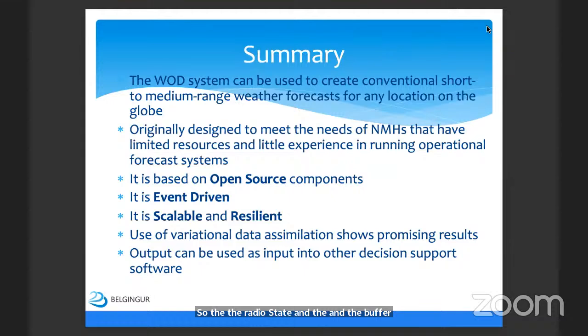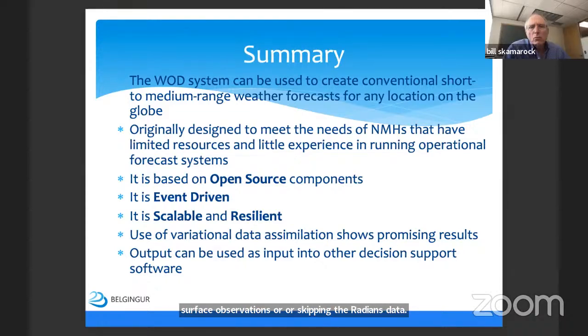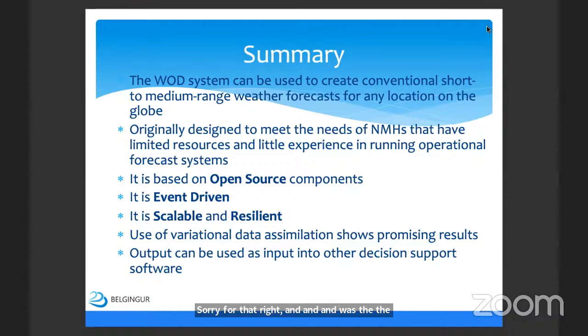And then we have, in addition, the surface observations. We have not done sensitivity tests like skipping the surface observations or skipping the radiance data. Right, and was the verification of that done with those same observations ultimately? Yes, yes. It's in a forecast mode, of course.